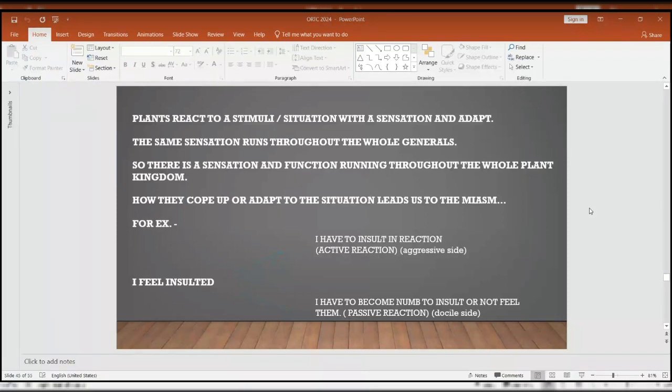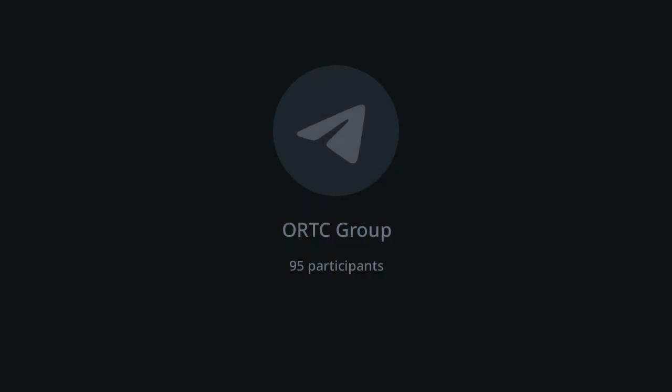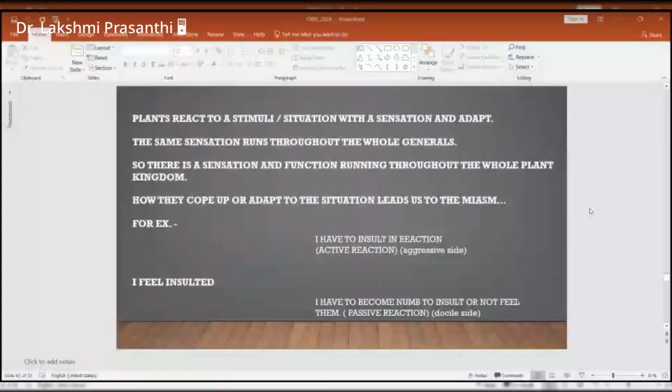And how they cope and adapt in a specific situation leads us to the miasm. So that miasm concept is a very different concept. And the sensation and the function, how the patient is reacting to that sensation is the function, and the function further leads to the reaction.